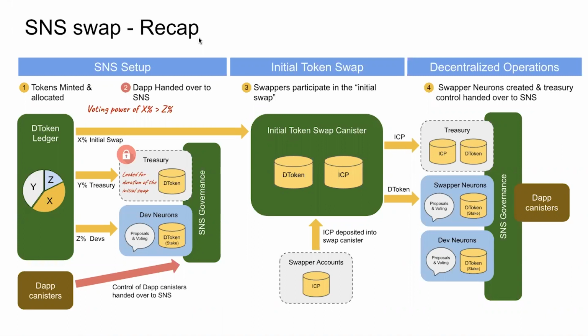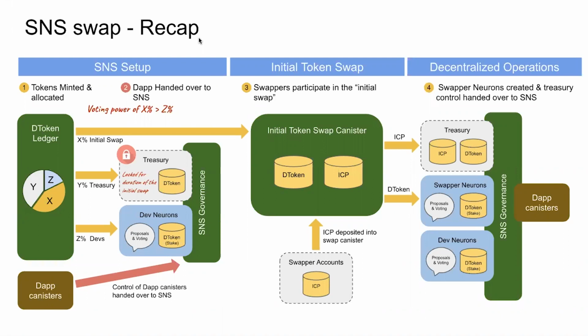At the setup, the canisters are created, the tokens are initially allocated, the DApp is handed over, and the SNS runs in an initialized mode with some restrictions around access to the ledger or the project treasury. The initial token swap is then initiated by an NNS proposal, and the swap is effectively run by the NNS at that point, and it's open to anyone in the ICP community to participate.